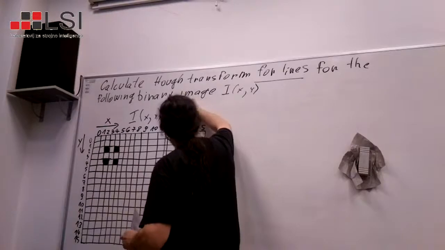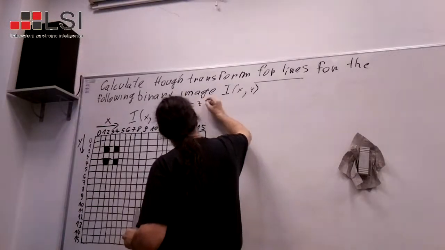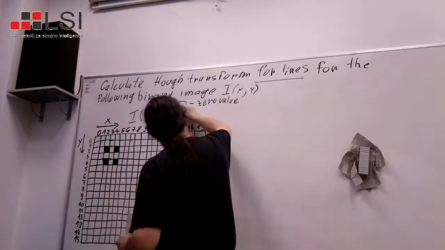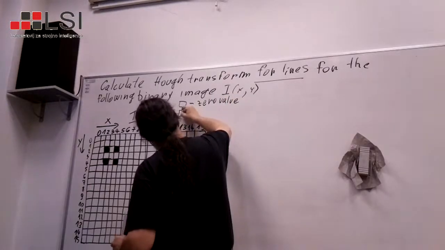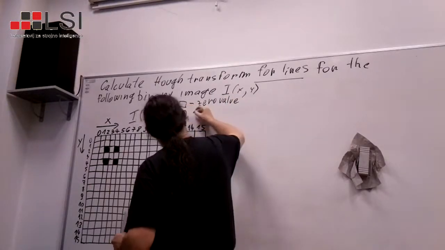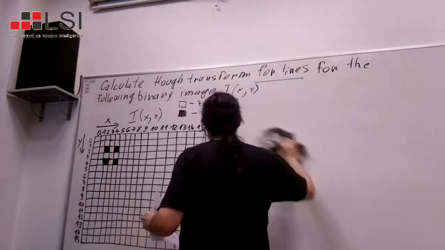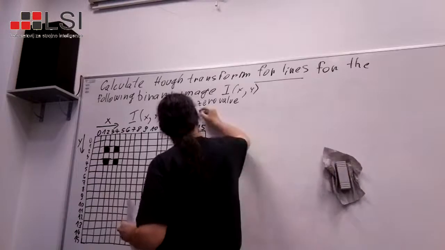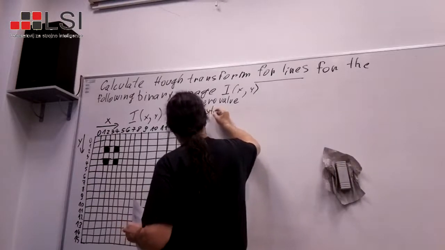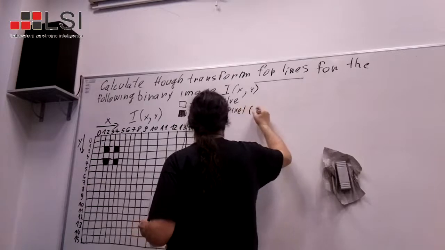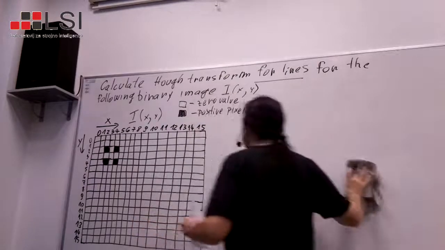We'll just add a legend here. So this is 0 value, and this is, let's say, a positive pixel, which is 1.